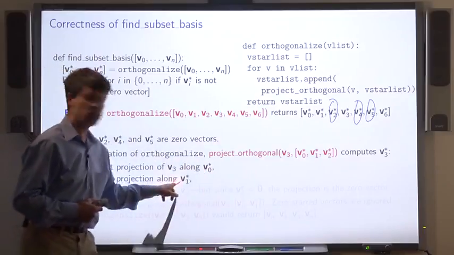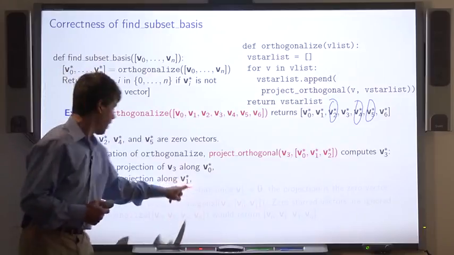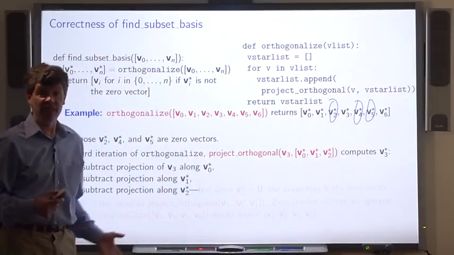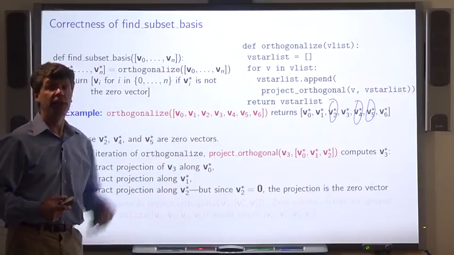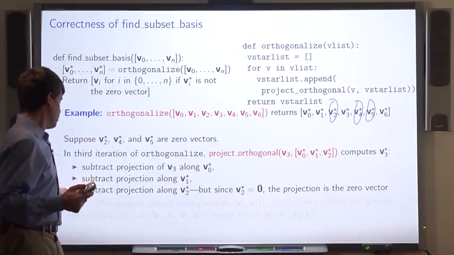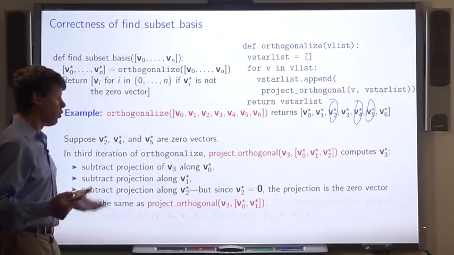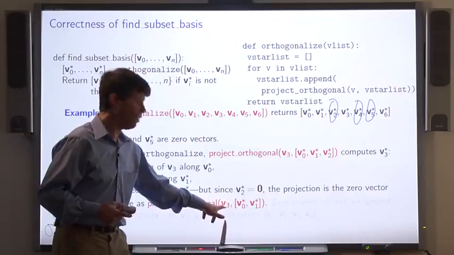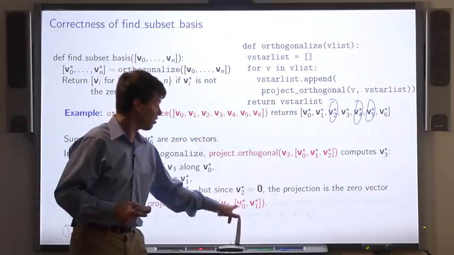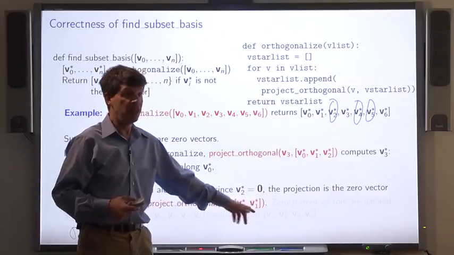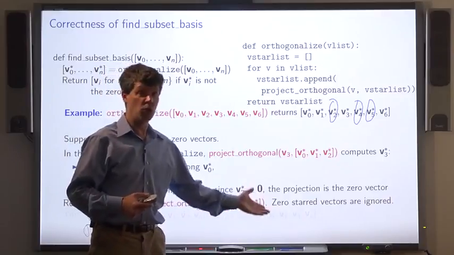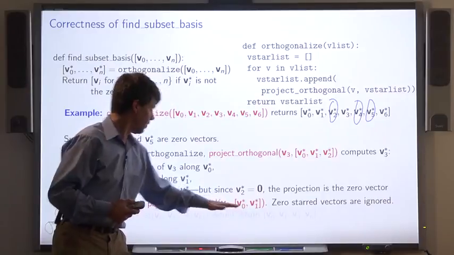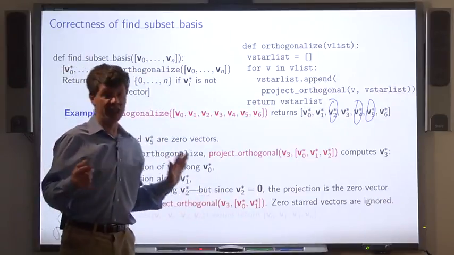Then it subtracts the projection along v1 star. Then it subtracts the projection along v2 star. But since v2 star is 0, the projection is the 0 vector, so subtracting does nothing. So the result is the same as if the algorithm had projected v3 orthogonal to v0 star and v1 star. v2 star played no role. 0 starred vectors in the second argument of project orthogonal are ignored.